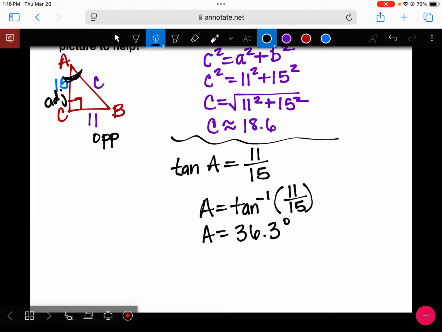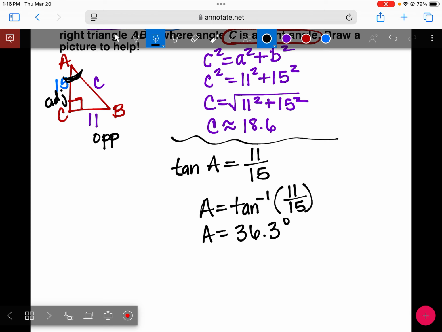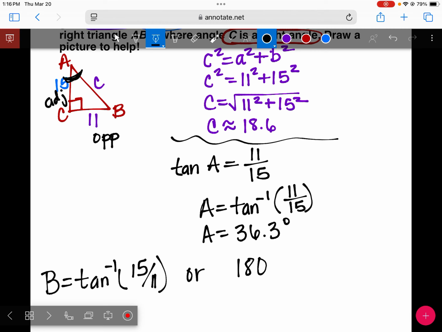You got two options. Option one would be to do the inverse tangent. So you could do B equals the inverse tangent of 15 over 11. That's one option. Or you could do triangle sum, which is 180 minus 90 minus 36.3.